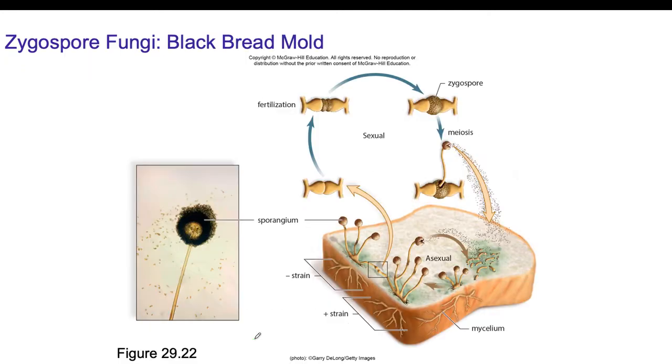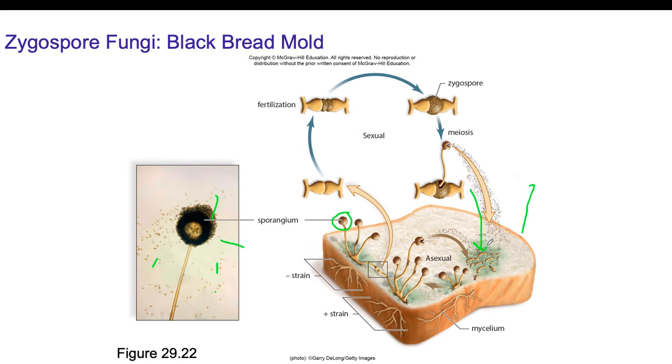So this is bread mold, and you can see that here. What happens is you have these spores. This is a sporangium, and this is a blown up version of a sporangium. You can see all these spores that are being released. When these spores are released, they're going to land on a moist surface like bread, and they're going to start to grow.